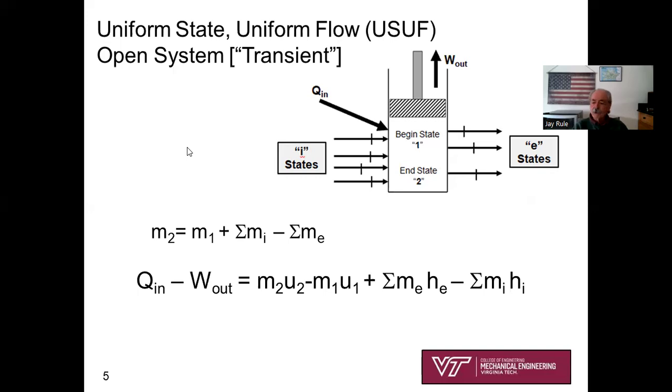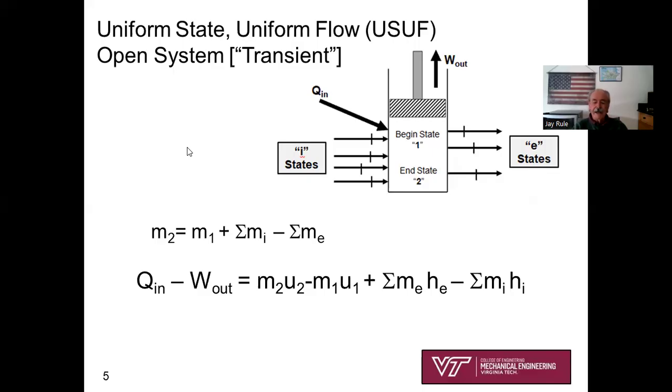Okay. I've shown Q in and W out, the traditional heat added and W out. No dots on this because we're looking at process state, going from state 1 to state 2. So there's no dots there. Okay. And so let's see, what was a statement of continuity? You can kind of figure it out with common sense.